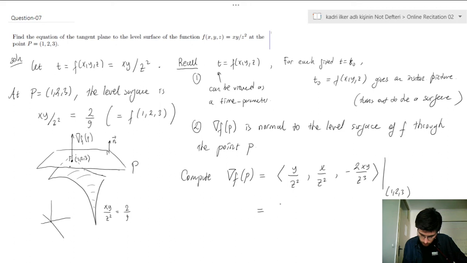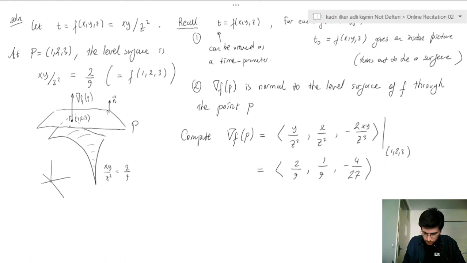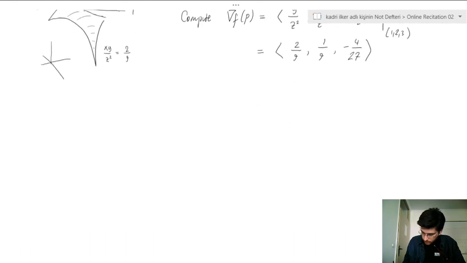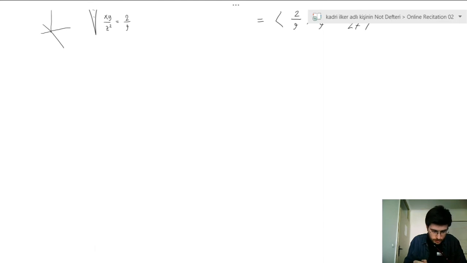If you compute, we have 2/9, 1/9, and minus 4/27.